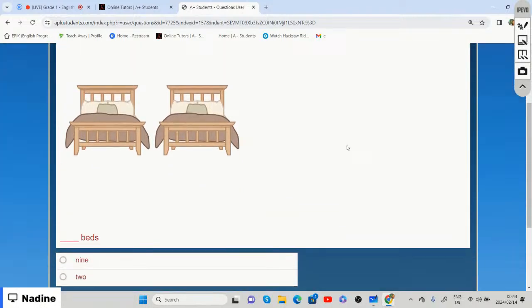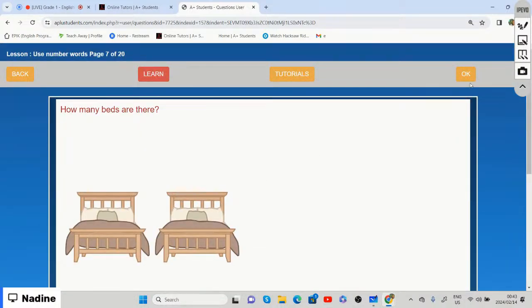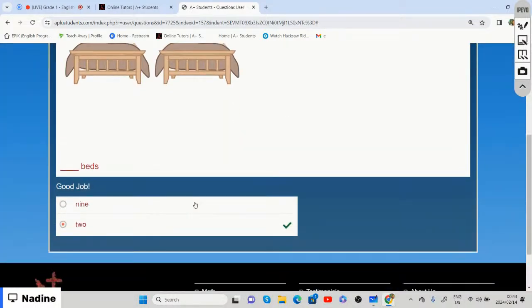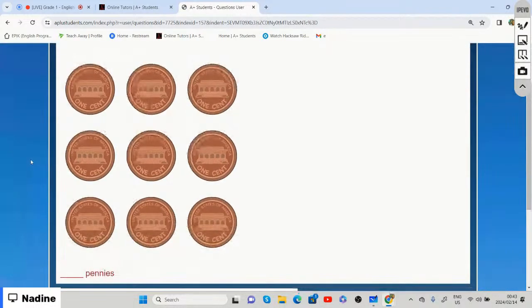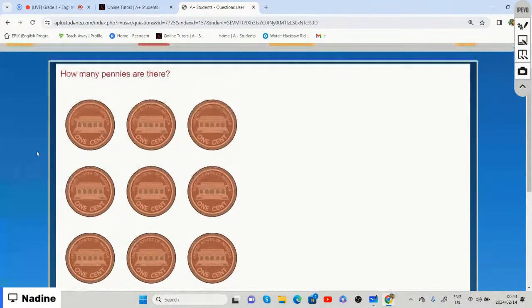So how many beds are there? And we can say there are 2 beds. And 2 is correct. So now we have to say how many coins are there? Here we have, or pennies. Another word for penny is coins.